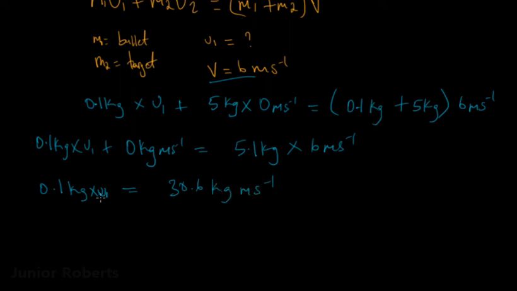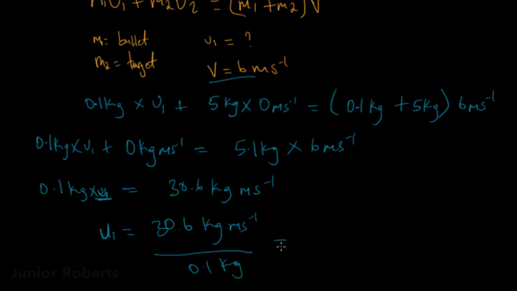Since we're interested in finding u1, u1 is equal to 30.6 kilogram meters per second divided by 0.1 kilogram.